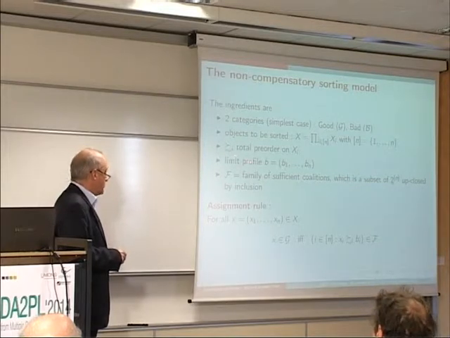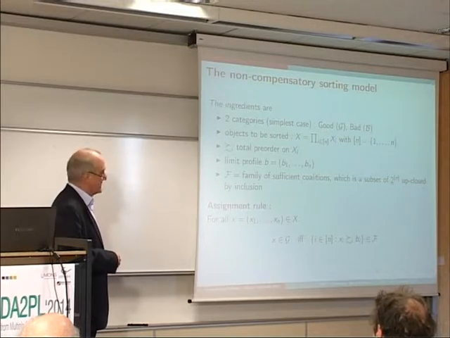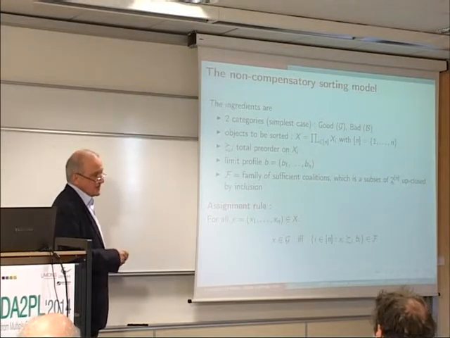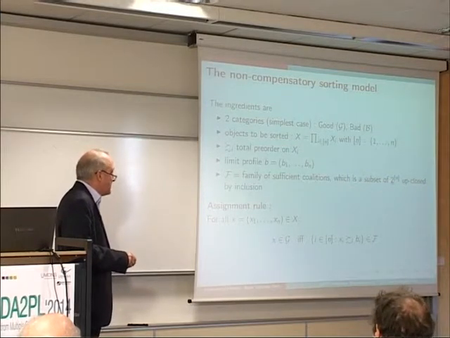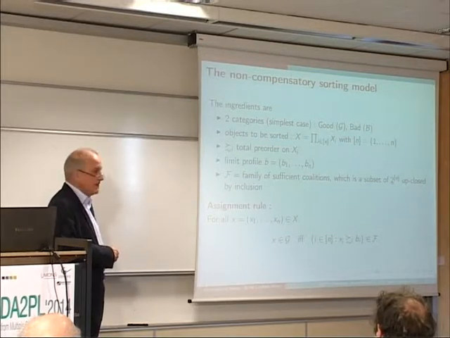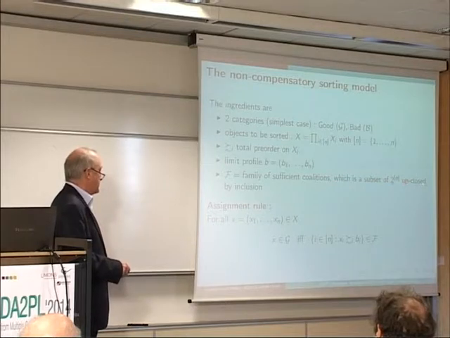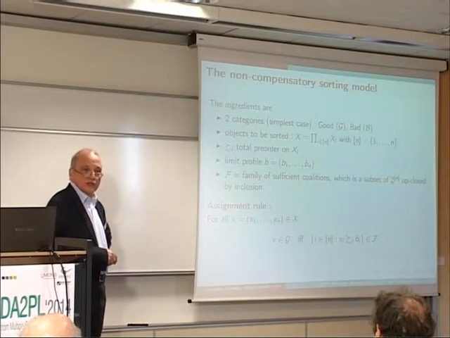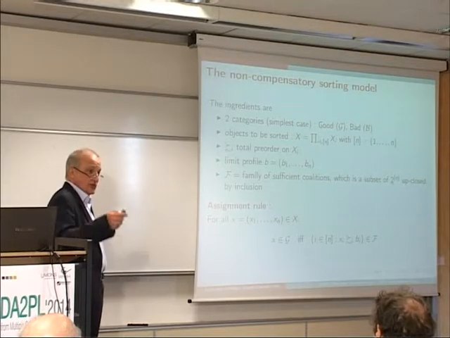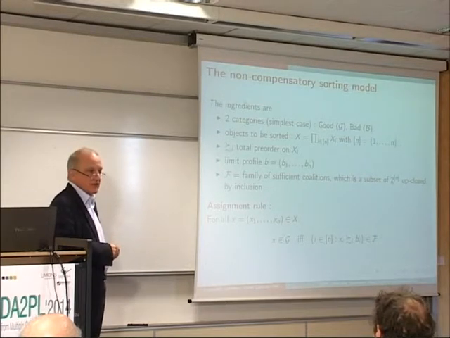And there is a limit profile, which is itself a vector of this Cartesian product. And then there is a family of sufficient coalitions, that is a family of selected subsets of the power set of the set of criteria, which is up-closed by inclusion, which means that if a coalition is sufficient, any coalition that contains it is also sufficient.